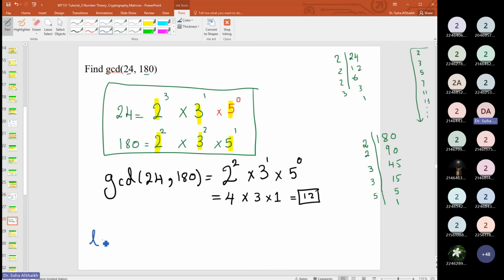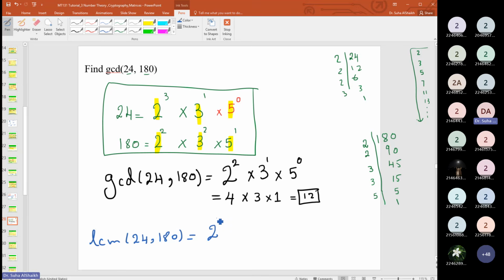So the answer is 12. If I want to find the LCM between the two numbers, what am I going to do here? It is 4 multiplied with 3. If I want to find the LCM between the two numbers, what am I going to do? I take the maximum power of the 2, the maximum power of the 3, the maximum power of the 5.